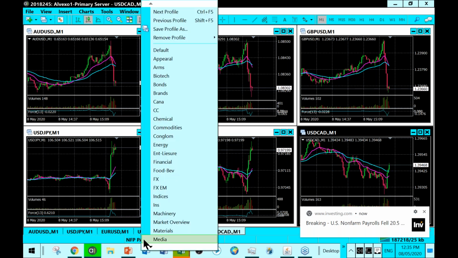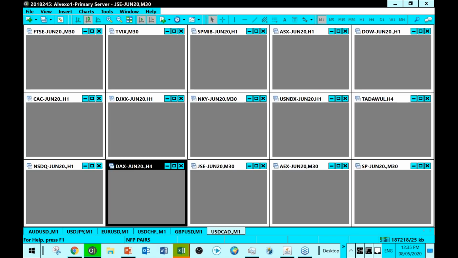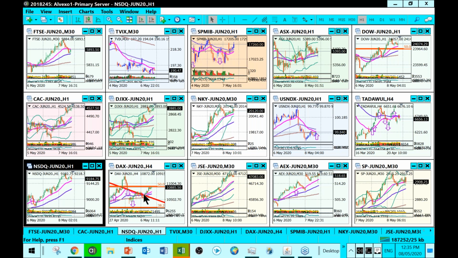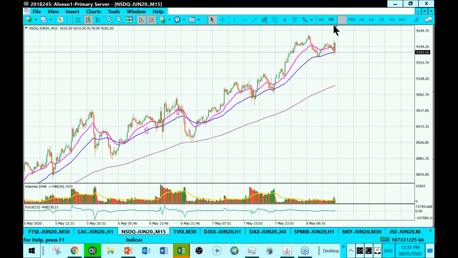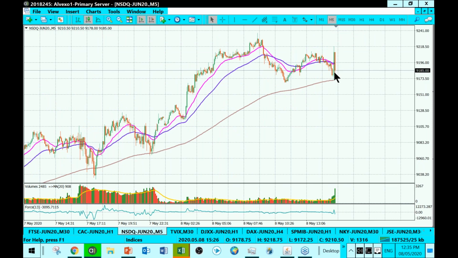If we look at the indices, we're going to see them going up nicely, is my guess. The NASDAQ, I don't know if it'll have an effect. Let's take a look at the 15-minute. Pretty back and forth. It shook it up. A lot of volume, but the price didn't go anywhere. Interesting.